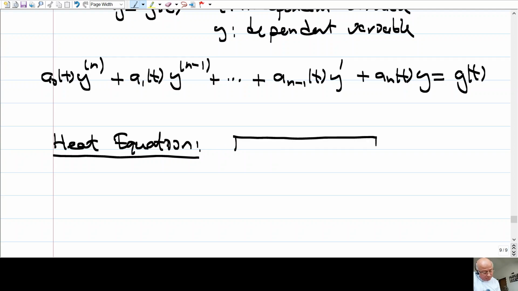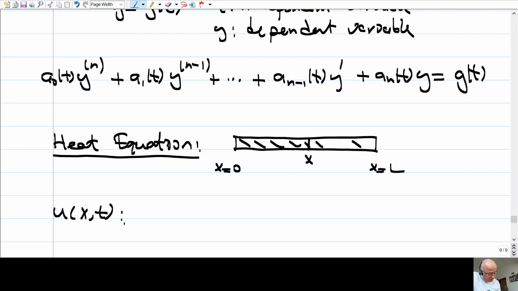Suppose you have a metal object of length L. So this is x equals 0, x equals L. And at a point here, let's say u(x,t) is the temperature at x at time t.